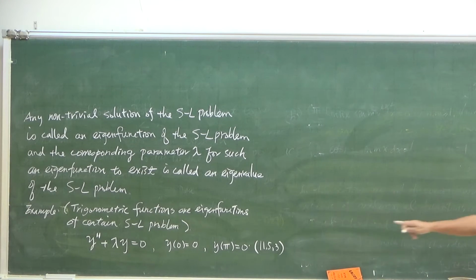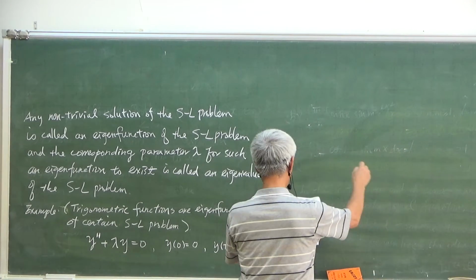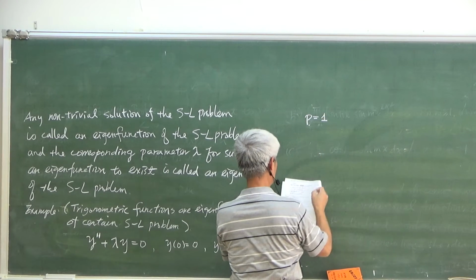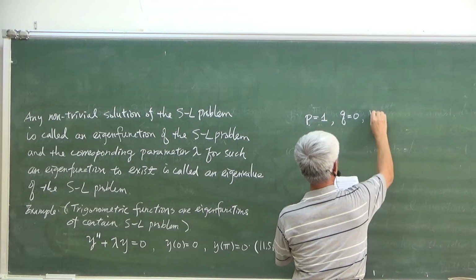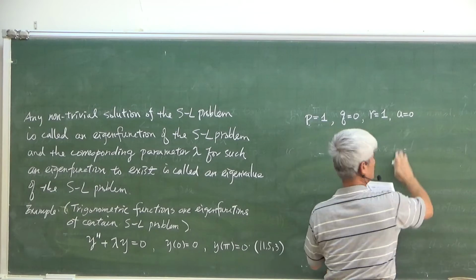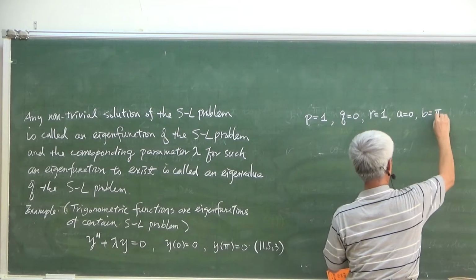Now compare with the general Sturm-Liouville problem. This is a specific Sturm-Liouville problem. So we can see that p is a constant function, q is equal to 0, r is a constant 1. a, the left endpoint, is 0. The right endpoint is pi.